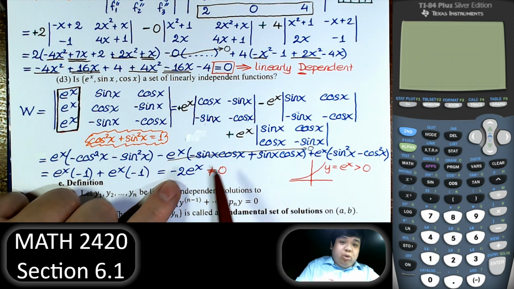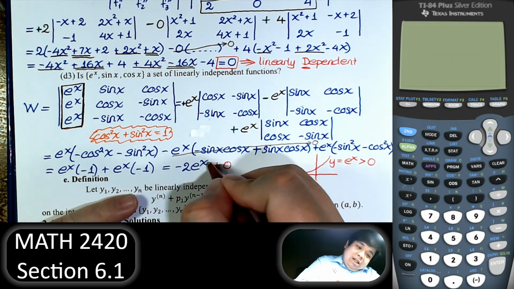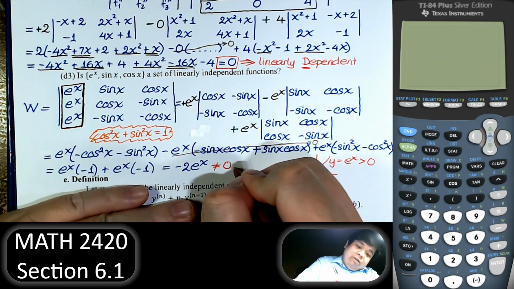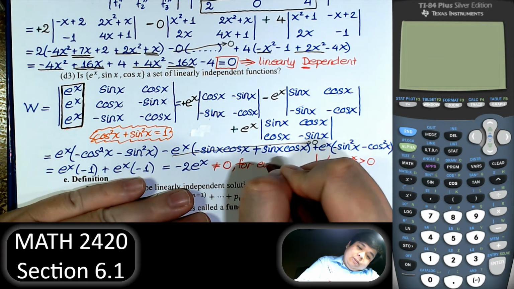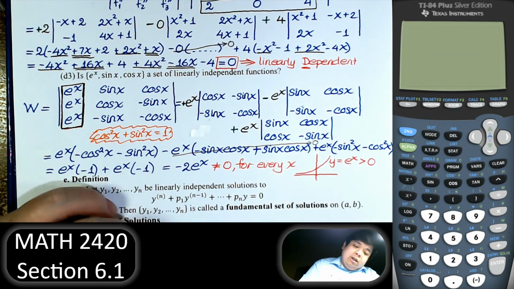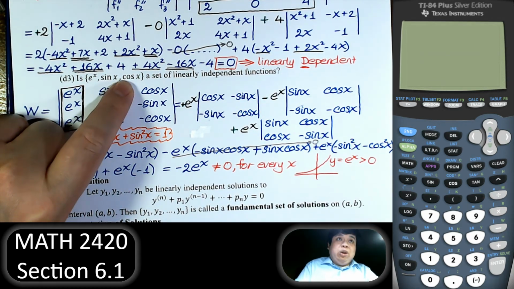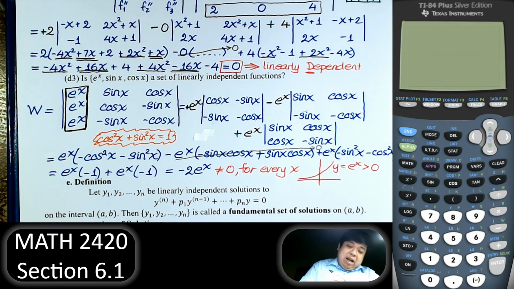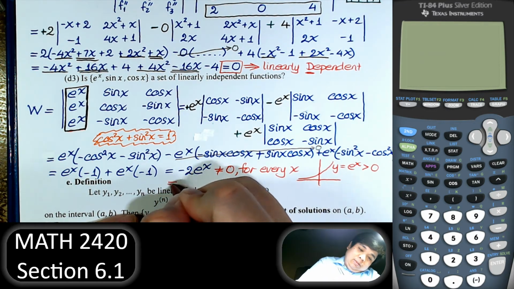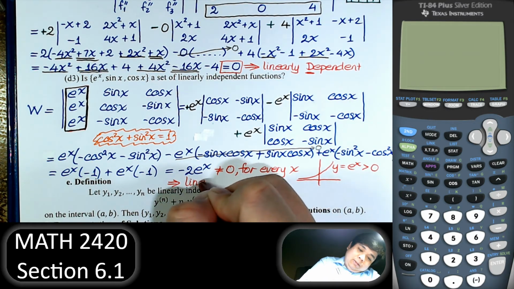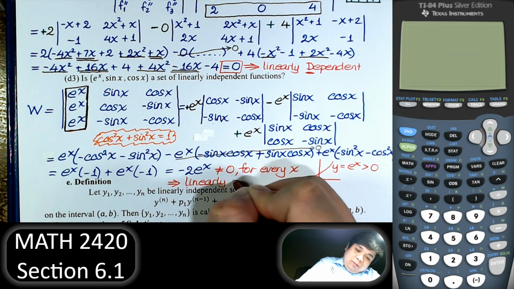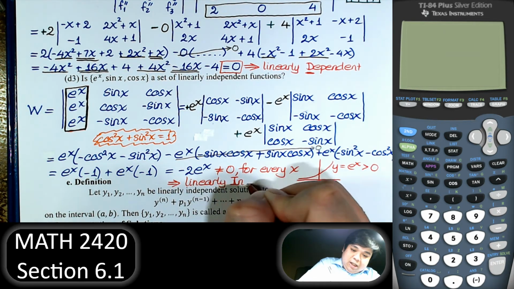Multiplied by negative 2, it is not going to be equal to 0. Since the Wronskian is not equal to 0 for every x, we say the set of these three functions is linearly independent.